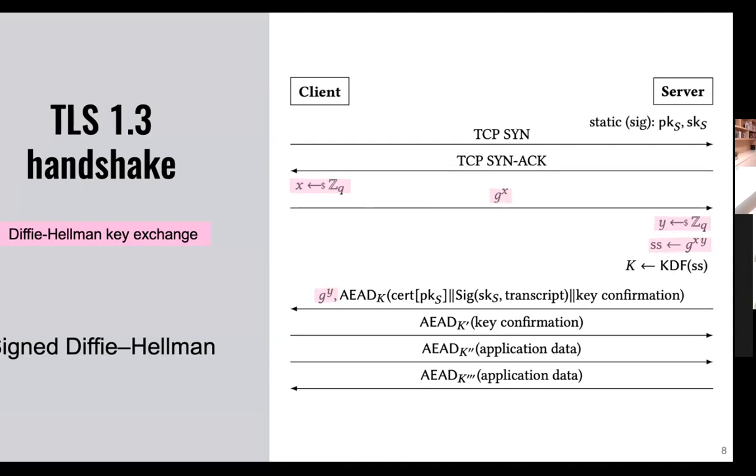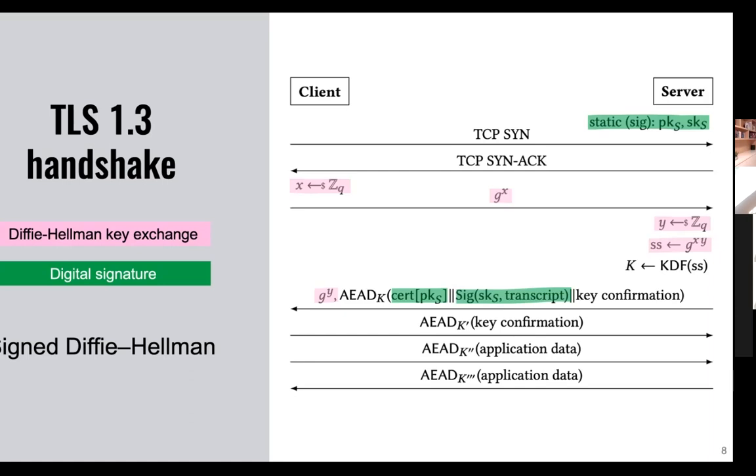So that's for forward secrecy and ephemeral key exchange. And then there's also authentication, in this case server to client authentication using a digital signature scheme, where the server has a long-term public key, and that's transmitted to the client inside of a certificate, as well as used to sign the transcript of communication to authenticate the server to the client.